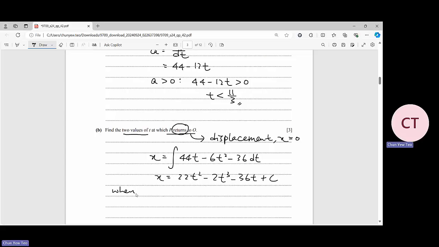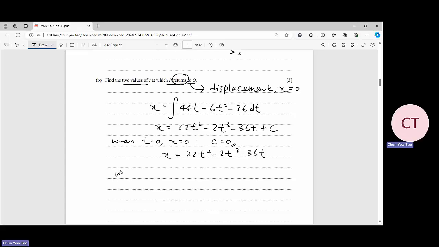Then when t equals 0, your x is 0. That will give you c equal to 0. So that means your x is equal to 22t squared minus 2t cubed minus 36t.